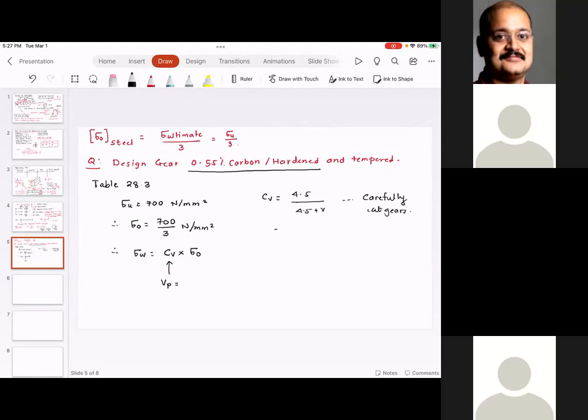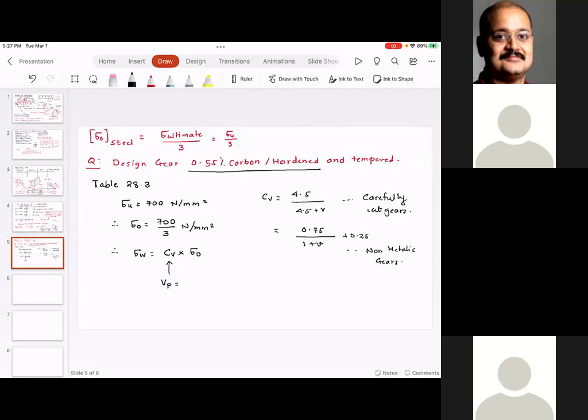Then CV is equal to, I will just write one more, 0.75 divided by 1 plus V plus 0.25 for non-metallic gears.